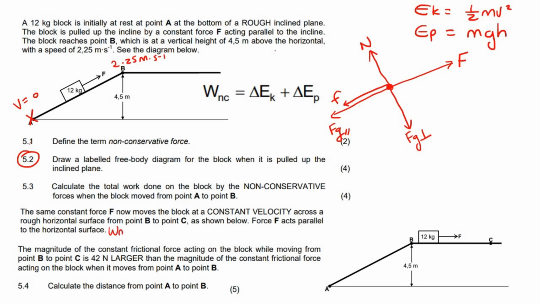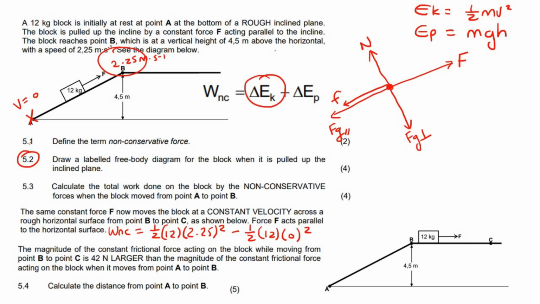WNC is going to be equal to the change in the kinetic energy. So it's the kinetic energy at B: half the mass, which is 12, times the velocity at B, 2.25, squared, minus the kinetic energy at point A, which is 0.